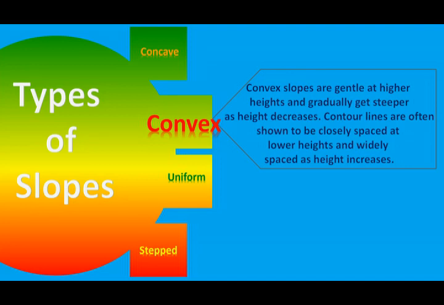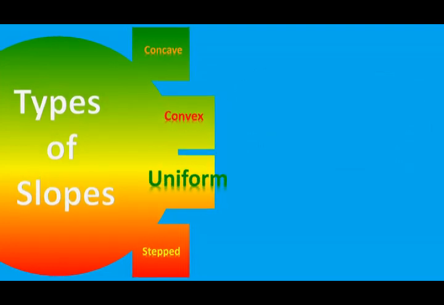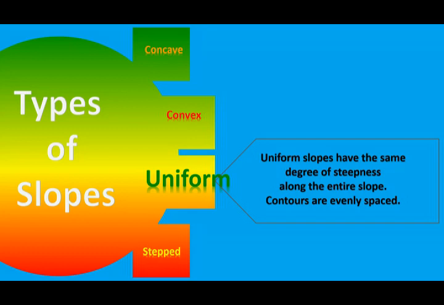Contour lines are often shown to be closely spaced at the lower heights and widely spaced at the higher heights on topographical maps. Uniform slopes have the same degree of steepness along the entire slope. The contours are always evenly spaced.